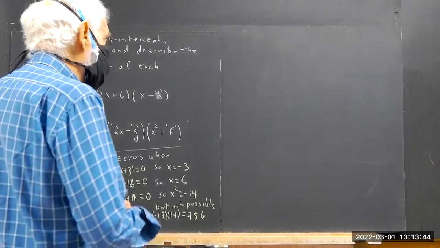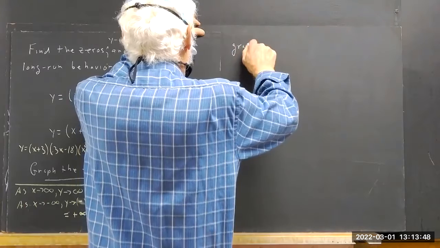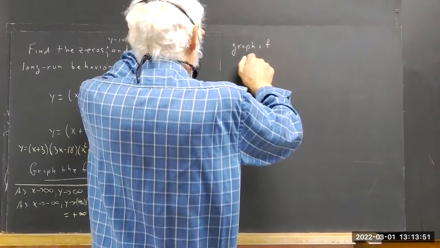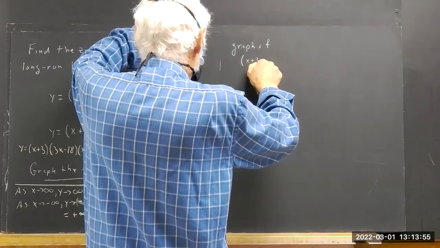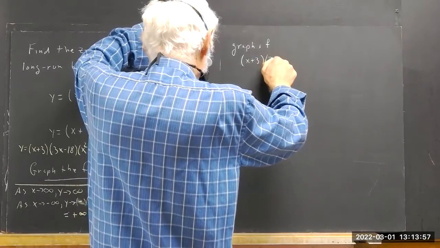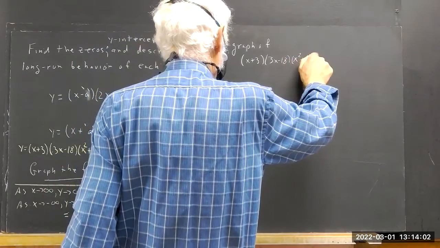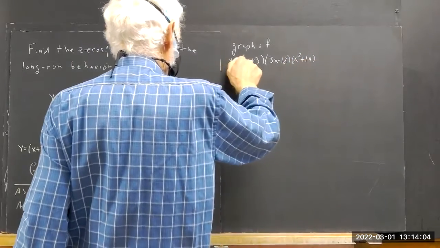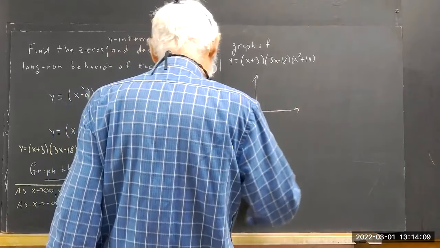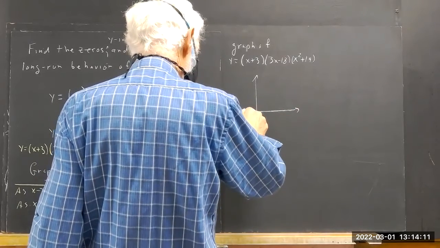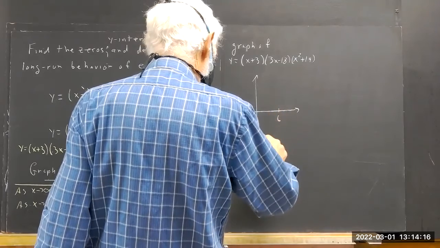Okay, so what's the graph look like? Okay, well, these zeros are negative 3, 6.